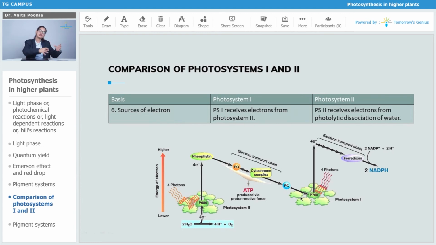On the basis of the source of electrons, PS1 receives electrons from photosystem 2, whereas photosystem 2 receives electrons from photolytic dissociation of water itself.